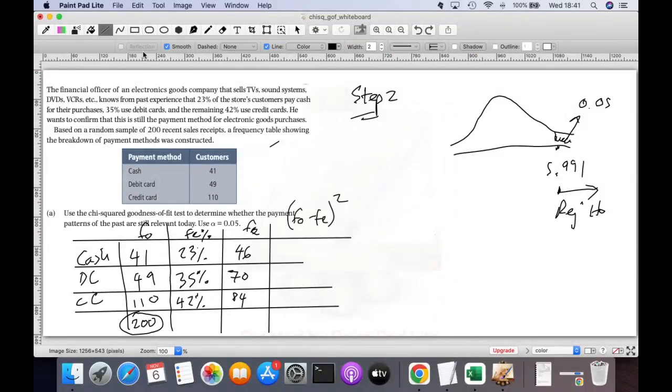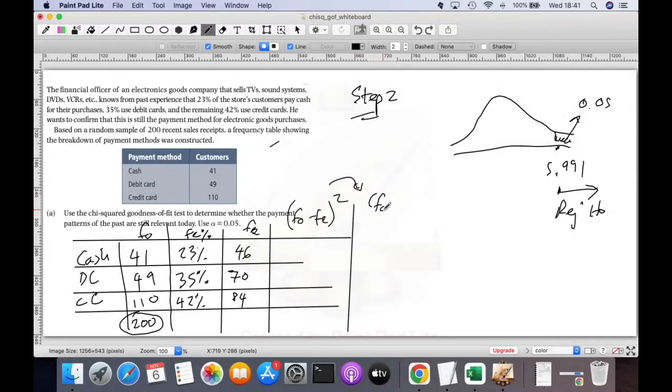And then in the last column, it'll be F naught minus FE all squared, divided by FE. So I'll write the values that I got here. It's 25, 441, and 676.